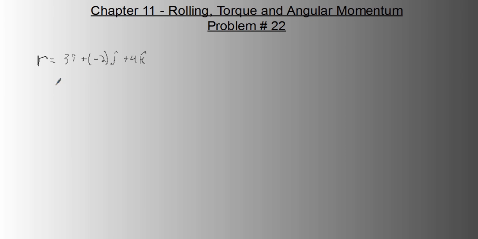Parts B through D are essentially repetitive, and I just wanted to do one right hand rule cross product for torque, just so you can see that. So F1 for part A equals 3i plus negative 4j plus 5k.